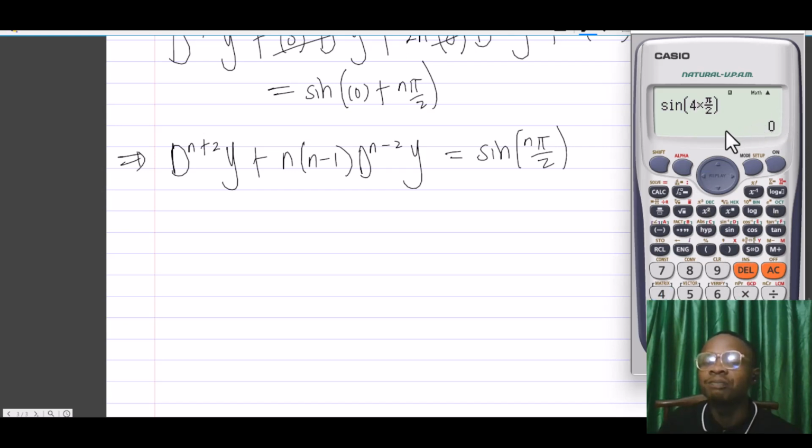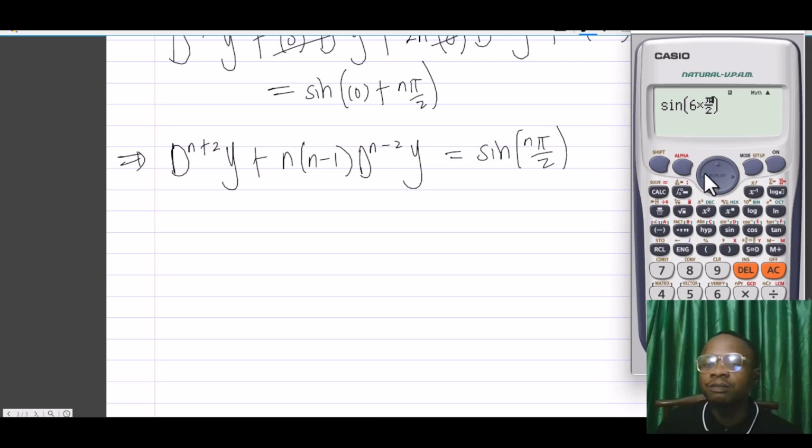So we can see that when this coefficient, our n in this case, is even, it is giving us 0. If we check another even number, say n equals 6, it still gives us 0.